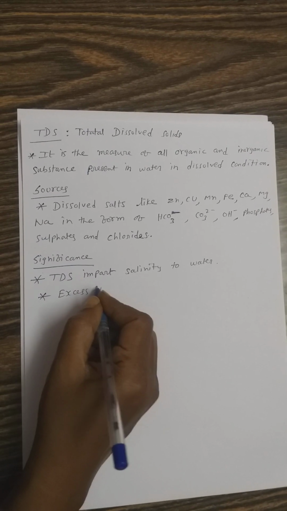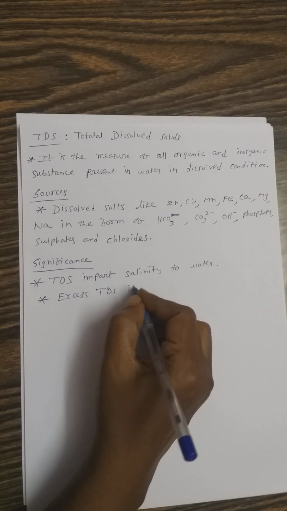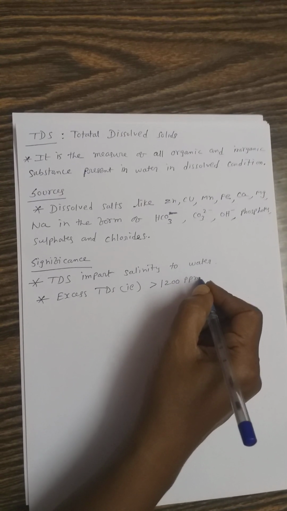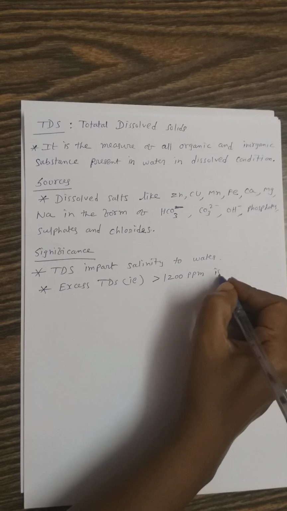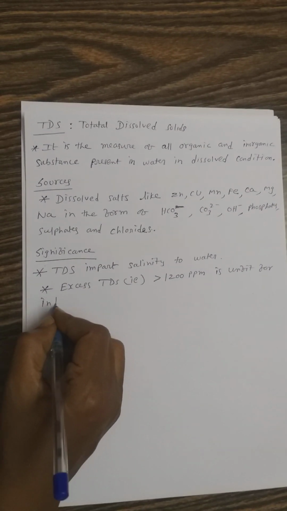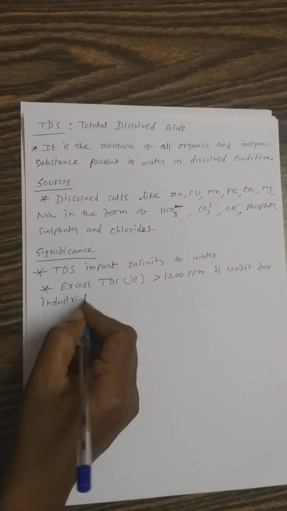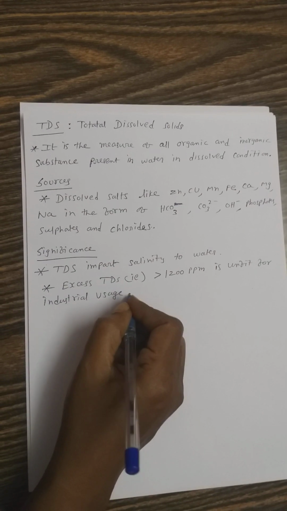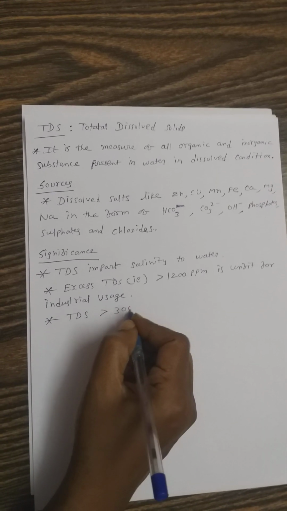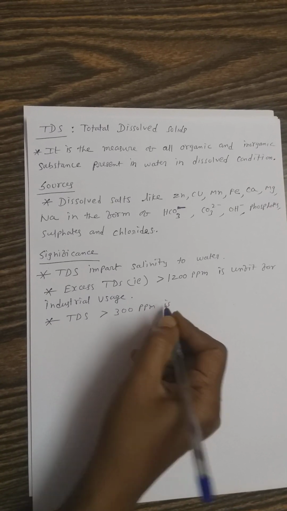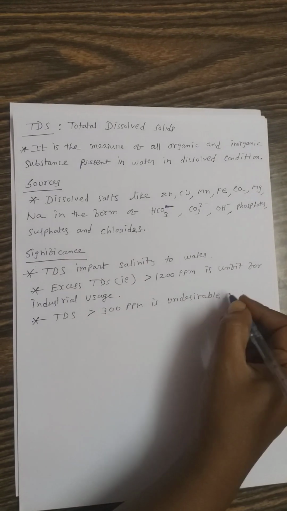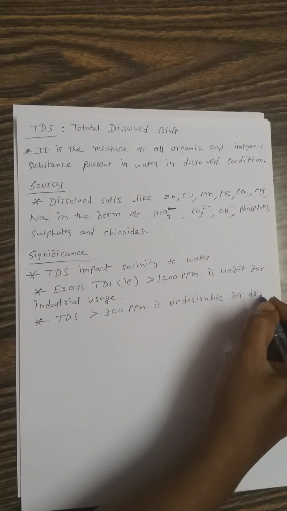Excess TDS, that is TDS level above 1200 ppm, is unfit for industrial usage. TDS greater than 300 ppm is undesirable for drinking.